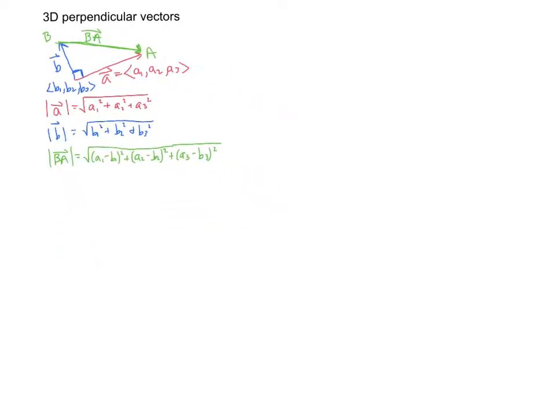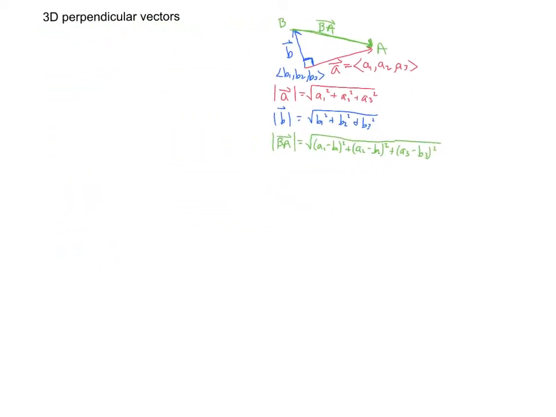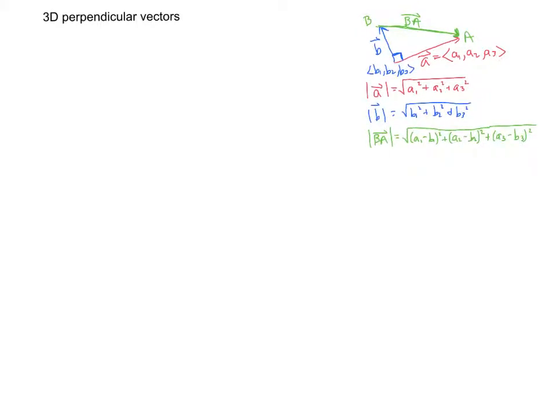So I'm going to move this up here, and we'll move it over on the right hand side. And so I'm going to do the Pythagorean theorem. It's going to be the square root of A1 squared plus A2 squared plus A3 squared, all squared. So this is the beginning of the Pythagorean theorem.